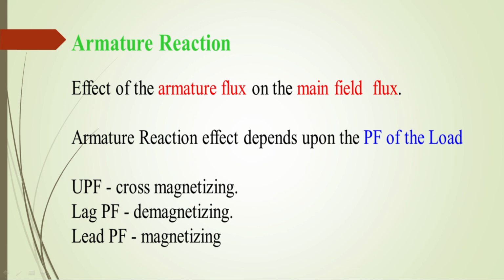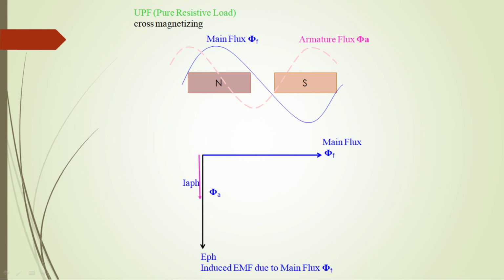What is armature reaction? The effect of armature flux on main field flux is called armature reaction. The armature reaction effect will depend on the power factor of the load. For unity power factor it is cross magnetizing, for lagging power factor it is demagnetizing, and for leading power factor it is magnetizing. So this is a purely resistive load.